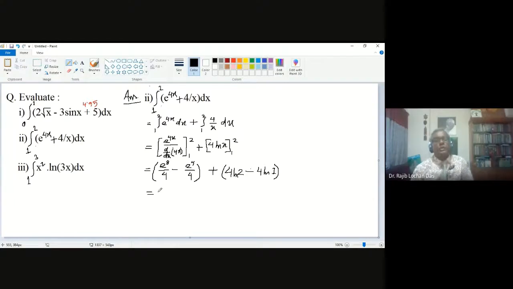So e to the power 8 and e to the power 4, you will calculate from the calculator. There is a button called the ln x button, where only ln is written. Just below that button, there is a yellow e to the power x.